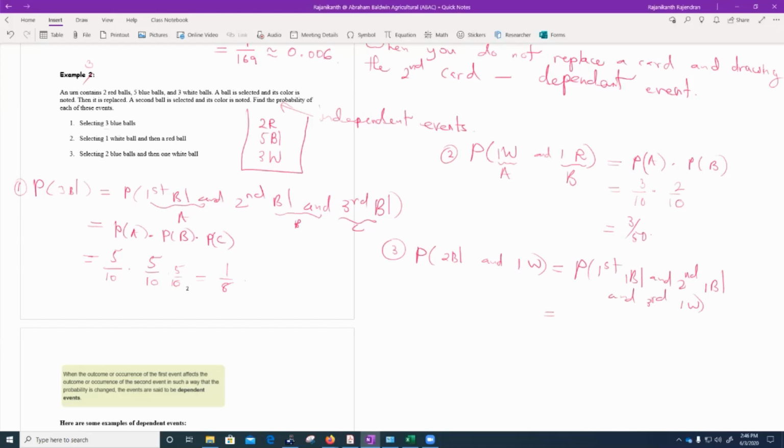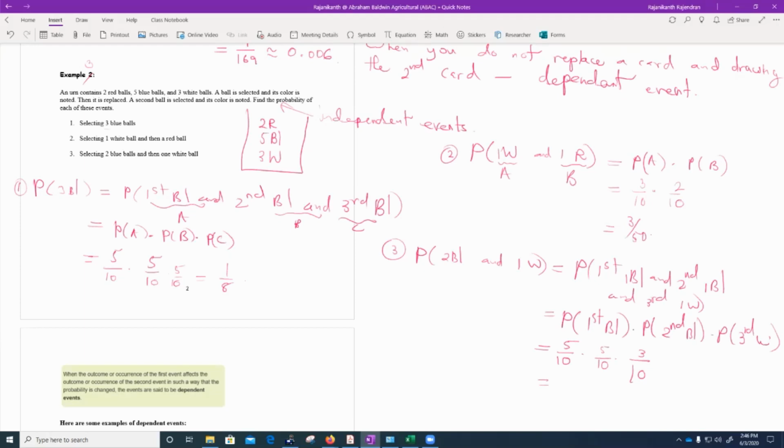Since all three are independent events, you can simply find the product of all three: first blue, times the probability of second blue, times the probability of third white. Getting first blue is again 5 out of 10. You are replacing for the second time, so again you will have 5 over 10. But for the third time you are looking for a white color, so it is going to be 3 out of 10.